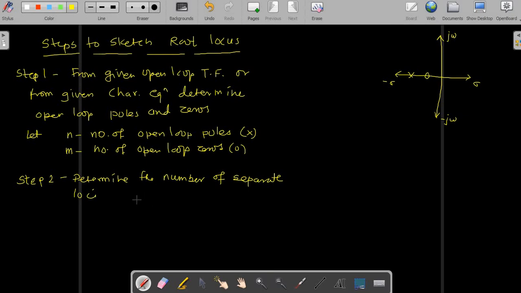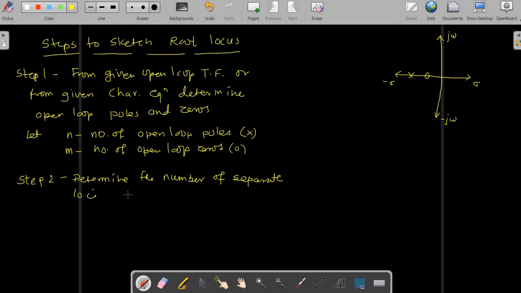So we need to identify the region on the real axis where the root locus can exist. We need to determine the region on the real axis where the root locus can exist. Now how to identify this region?